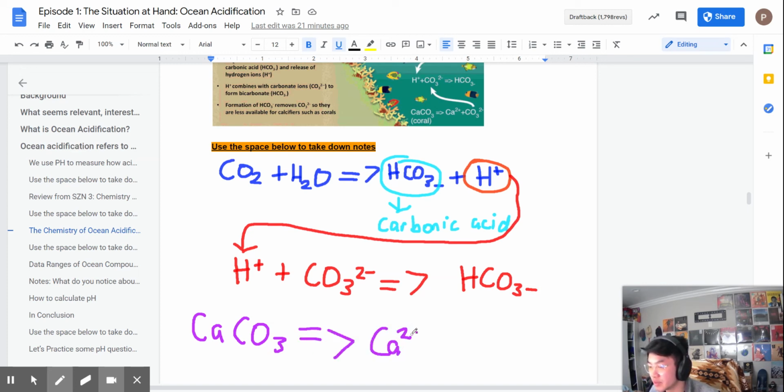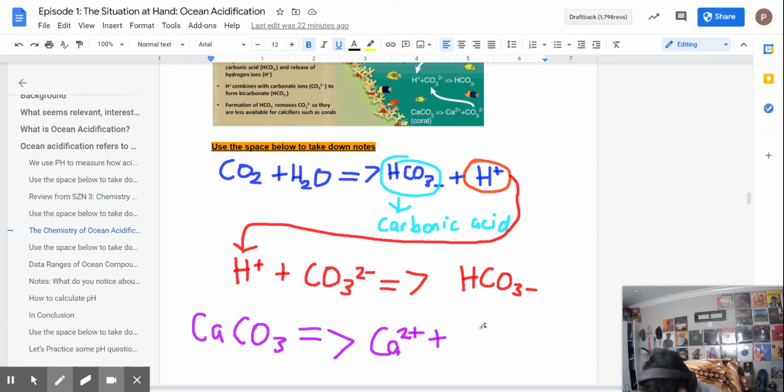And this is the chemical reaction that creates the shells of creatures like clams and oysters. So like all the foods that coastal communities rely on, like oysters or lobster or crabs, they don't have this carbonate available to calcify or make their shells.